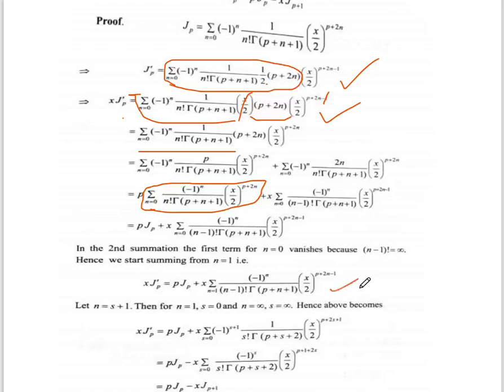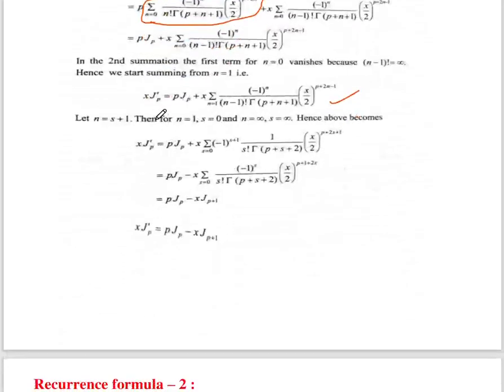Now put n equal to s plus 1. For n equal to 1, s equals 0, and for n equal to infinity, s equals infinity. Hence the above term becomes a summation with s from 0 to infinity.